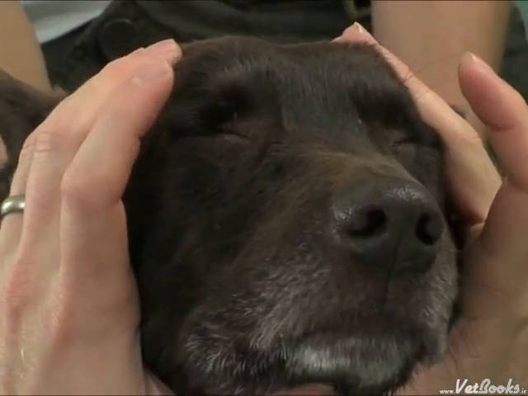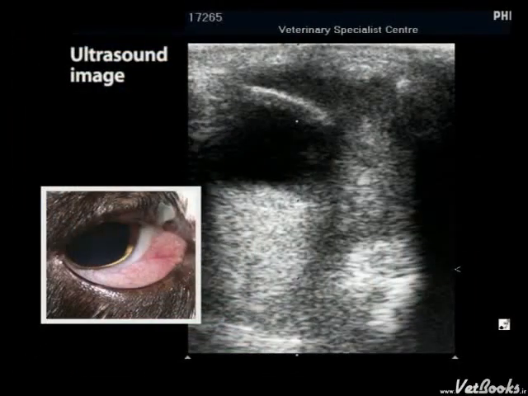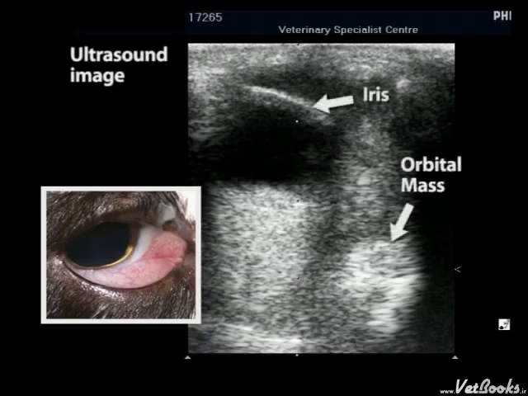It can give you information about the orbit, and the orbit can be a difficult area to work with because you can't see it directly, and it often needs other imaging techniques such as ultrasound or MRI. Where retropulsion is beneficial is if there is a mass, for example, behind the globe, you will not be able to depress the globe easily on that side, whereas on the other side it will go nice and easily.